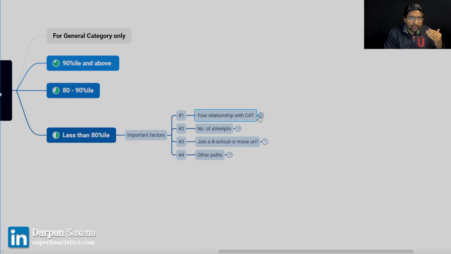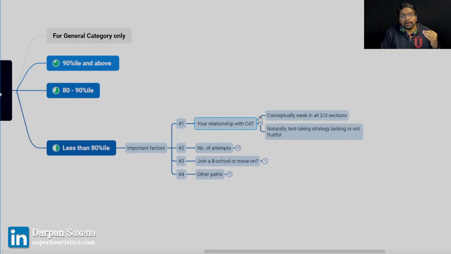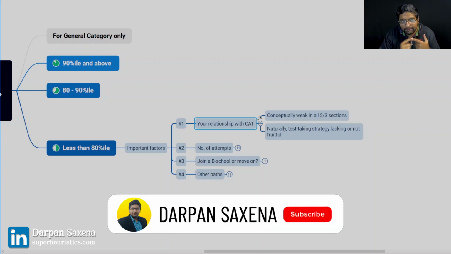Now, a very clear indication or analysis, it is not even something which I have found out from my mystic powers or something. I don't have such things, but it's a very simple thing to understand that obviously if you're not even able to score above 80 percentile, then you are weak in at least two sections.